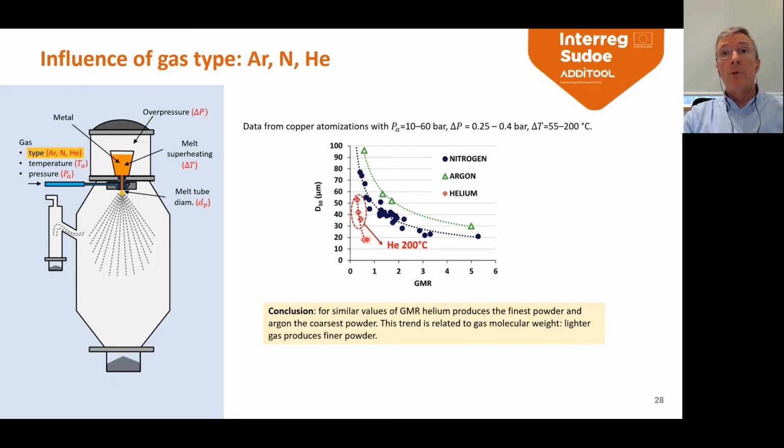So helium produces finer powders, nitrogen is intermediate, and argon gives the coarsest powders. The conclusion is that the trend is related to gas molecular weight.